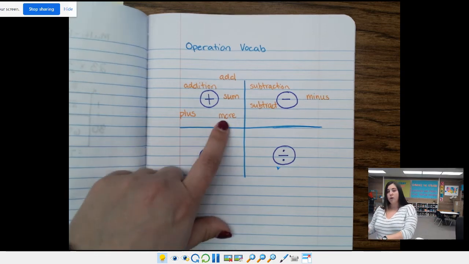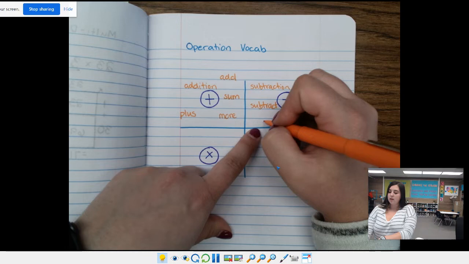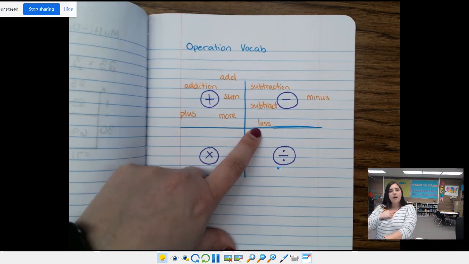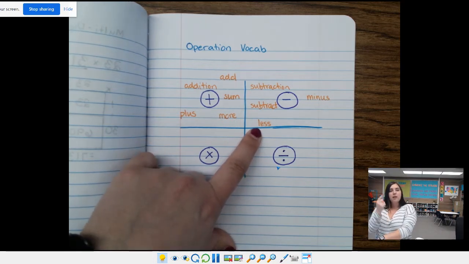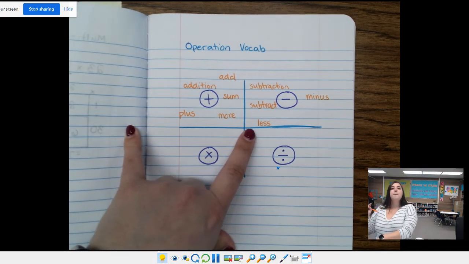or, because more was with addition, what's the opposite of more? Less. So if I have 2 less cookies than you, and you have 3, in my head, if I have 2 less, the problem really is 3 minus 2. So I only have 1 cookie.